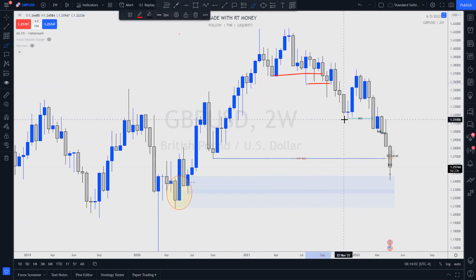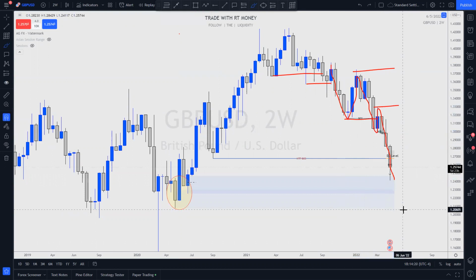Are we breaking structure? Lower low, lower high, lower low, lower high, lower low. We want to make sure that the highs are being maintained while those structural lows are being broken. That's how we can determine whether we are in a downtrend or an uptrend.